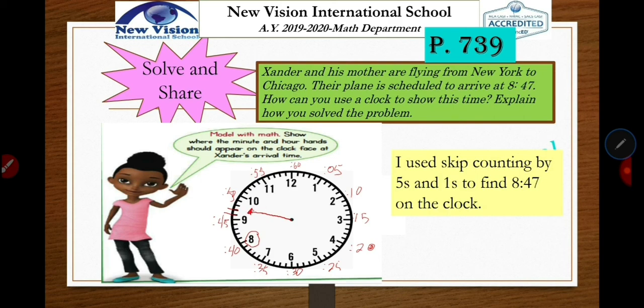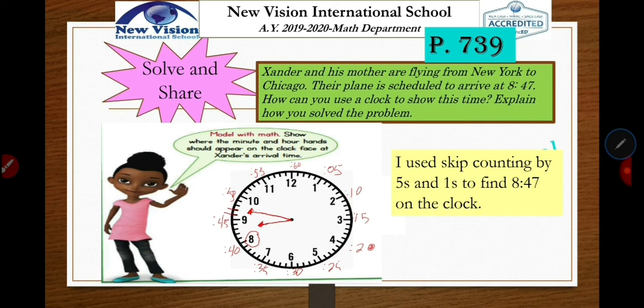What about the short hand? Are we going to directly point it to 8? No, because as the long hand moves, the short hand also moves, all right? So it's not anymore pointing to 8 directly. Hence, it will be pointing to this point, in between 8 and 9.